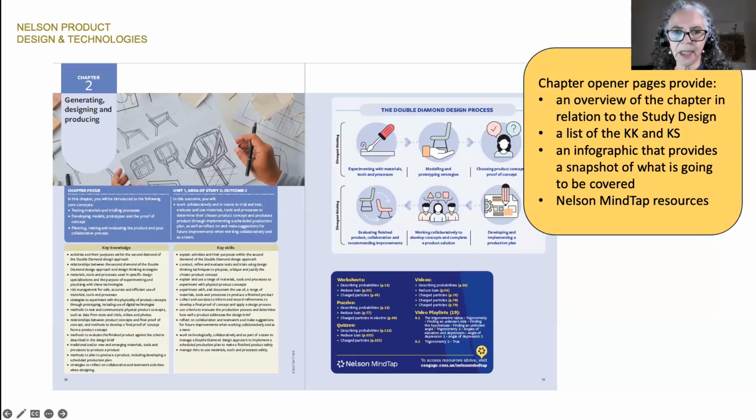And that MindTap, the dark blue box there, we're still working on this and editing it, but the little MindTap box will show you what's available to use as worksheets or activities online.